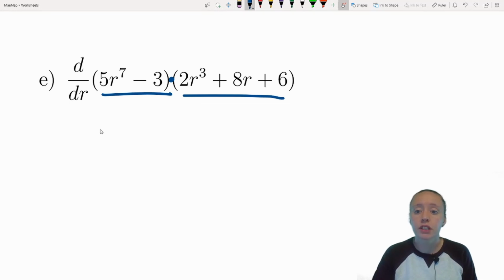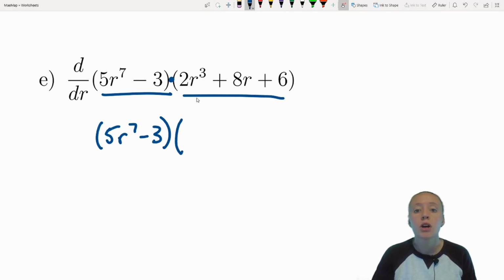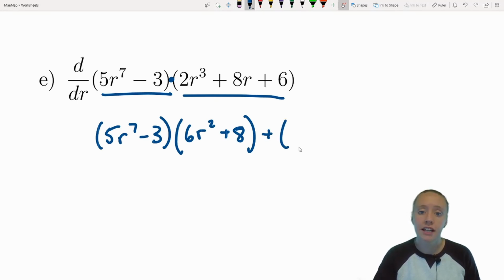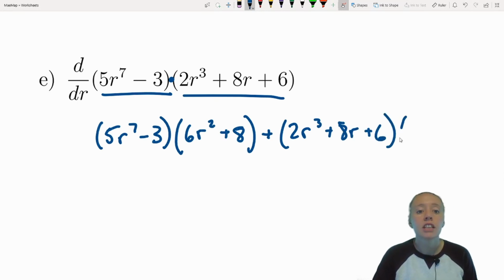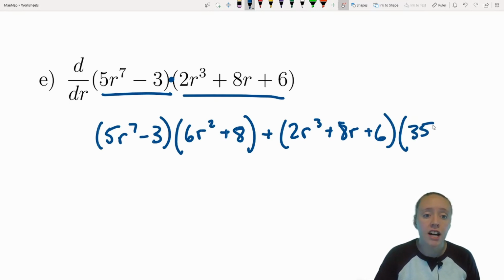So I'm going to have first, which is 5r to the seventh minus 3, times the derivative of my second, so times that g prime, which is going to be 6r squared plus 8. And then I'm going to add that to my second, which is 2r cubed plus 8r plus 6, times the derivative of my first, which is going to be 35r to the sixth.